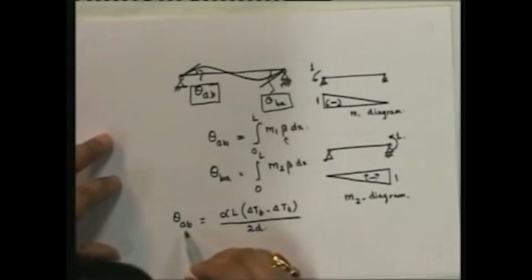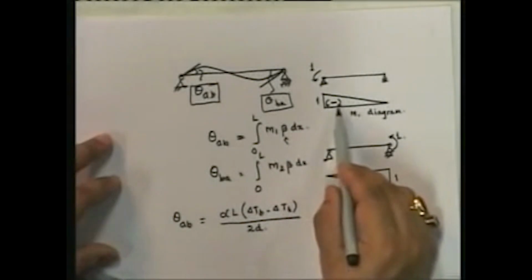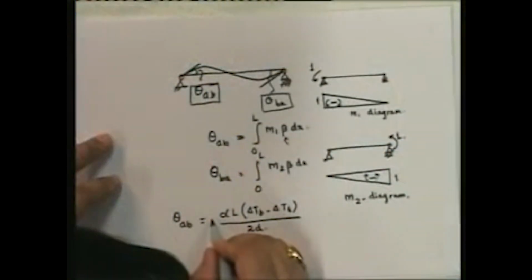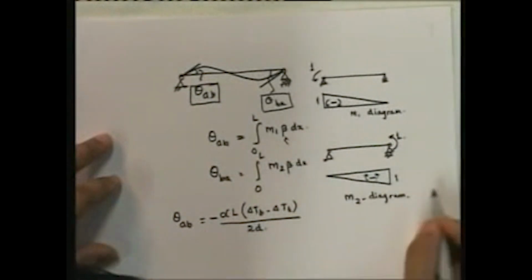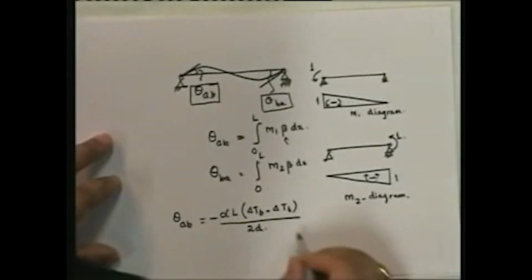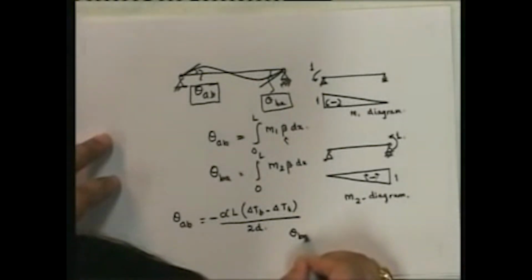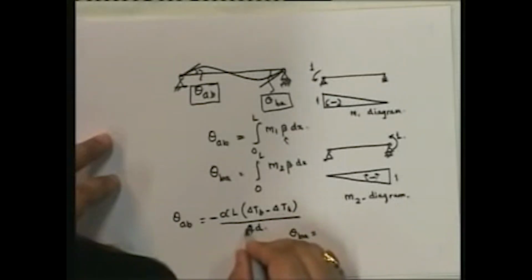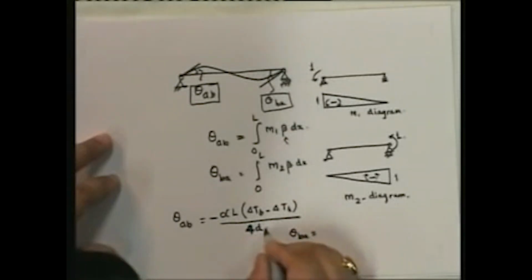Now for this theta AB, you will see that M1 is just the opposite of this, because this is the curvature to get positive curvature this way. Okay, so this is negative, so I'm going to get theta AB is equal to negative. And theta BA turns out to be equal, alpha upon 2d.